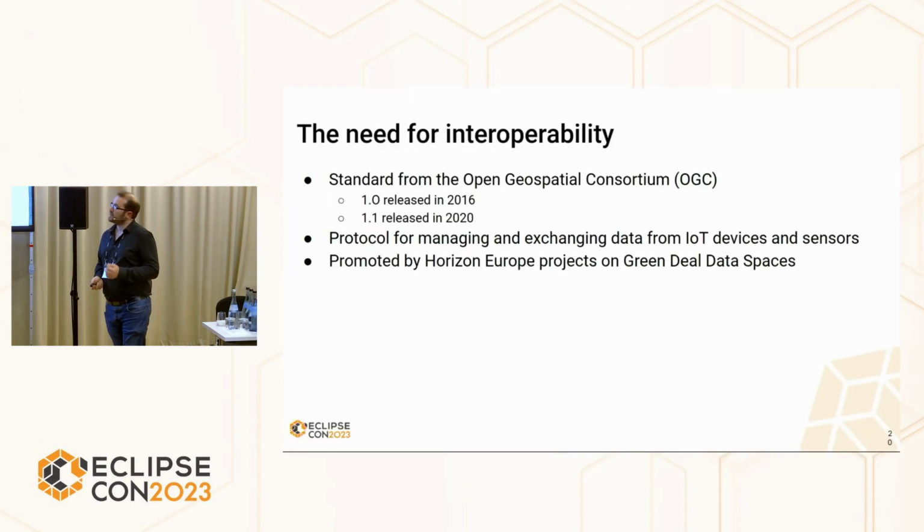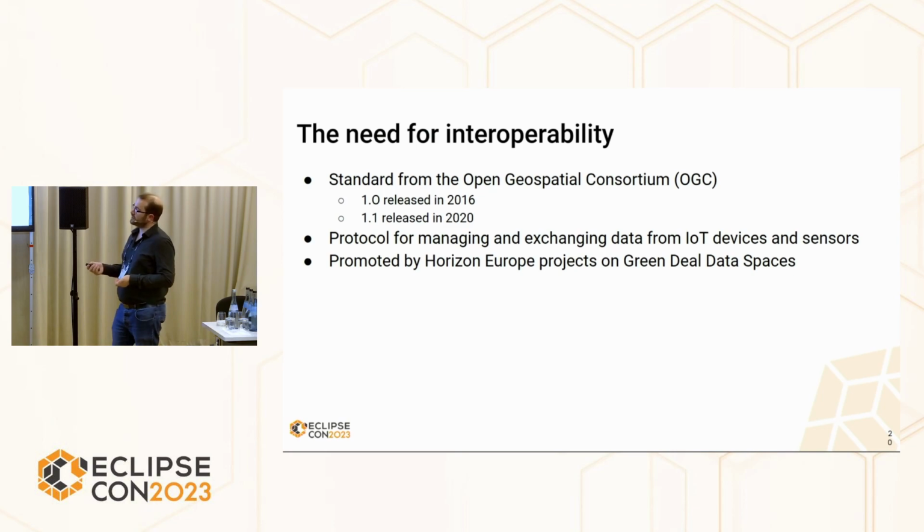That standard is from the Open Geospatial Consortium, so that's what the OGC stands for. It's not that old, but it starts to become a bit. So it dates from 2016, and the version that is currently pushed by different projects from the Horizon Europe set of EU projects is the 1.1 from 2020.